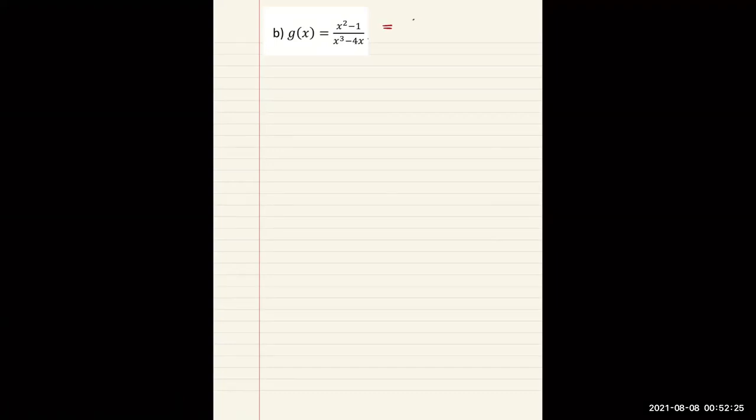If you factorize the top and bottom completely, you get (x plus 1)(x minus 1)(x plus 1) divided by x times (x minus 2)(x plus 2). That's the complete factorization of top and bottom.